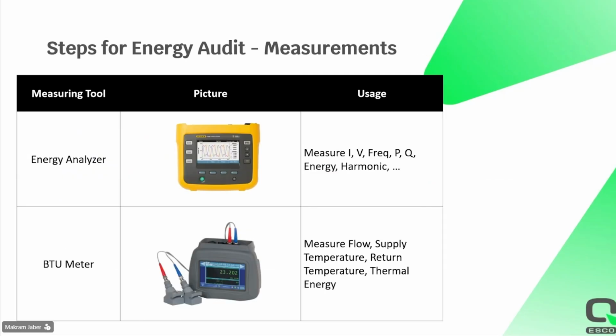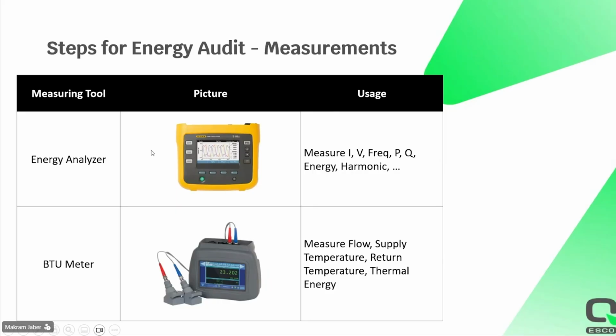The second step is doing measurements on key parameters. To do the measurements, we have different types of measurement tools that we are using. I will give some examples here. We measure electrical parameters like current, voltage, frequency, power, active and reactive power, using the energy analyzer.